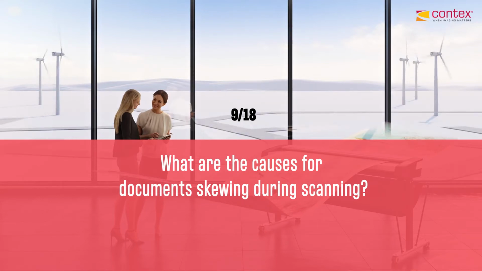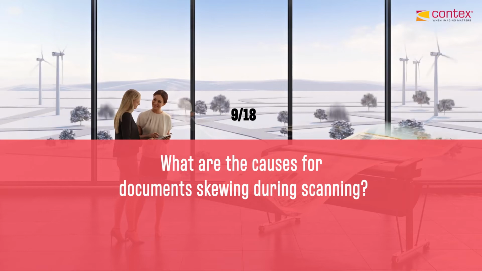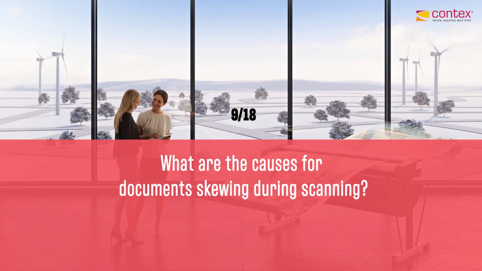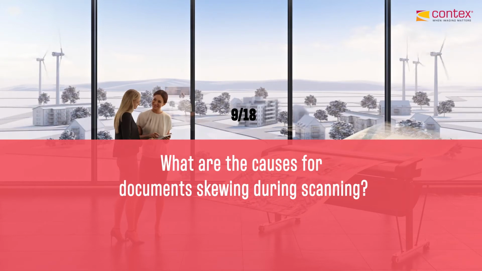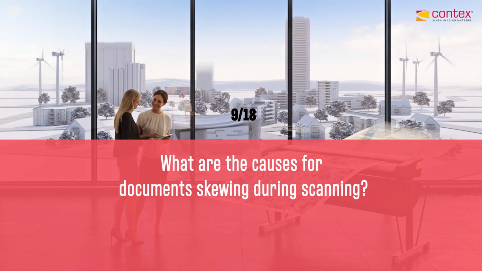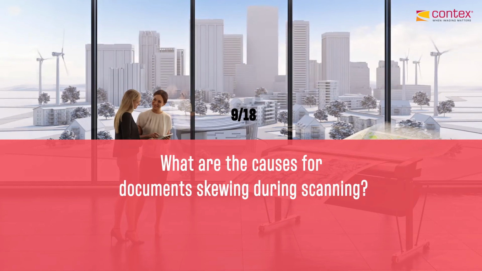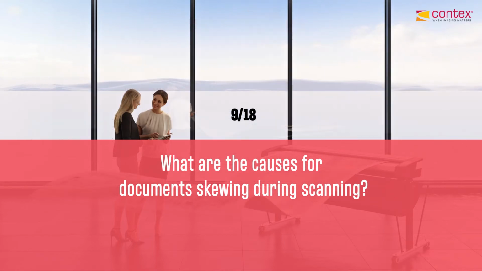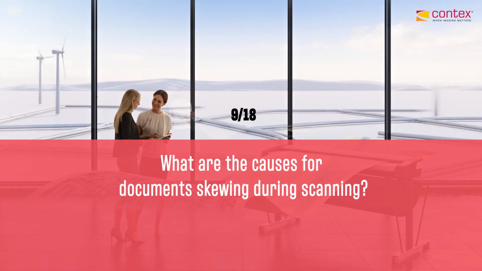Typically, documents are fairly dusty and dirty themselves, whether you can see it or not. And as you scan, the rubber lower feed rollers, these are the ones we're concerned about more than anything, will build up a bit of dust, and that will typically cause 90% of the skewing.